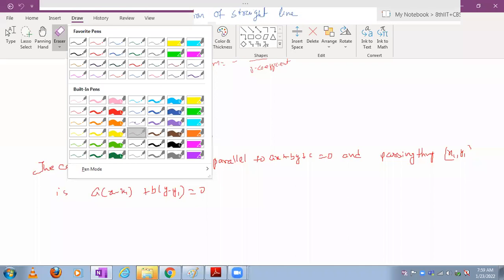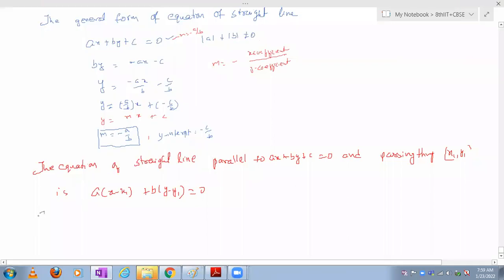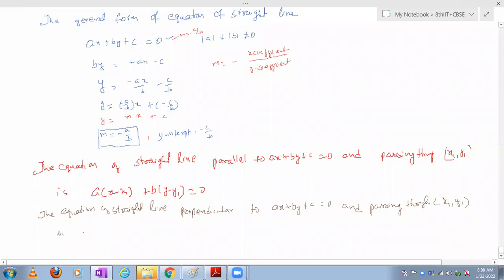That is one thing. Another thing, the equation of straight line perpendicular to ax plus by plus c is equal to 0, and passing through x1 y1, what will you say?